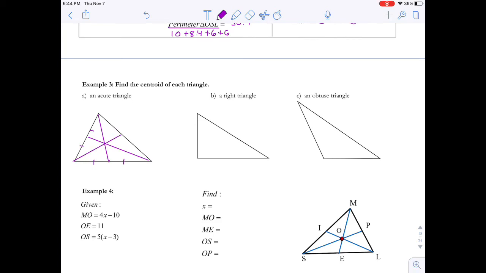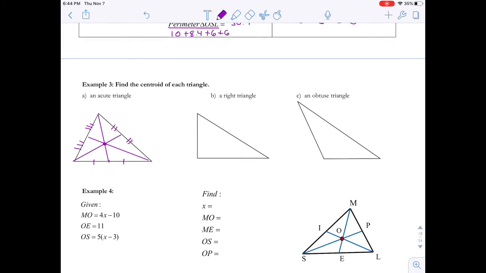There we go. We should find the centroid to land right there in the middle. Sorry about those bad labels there. We should have equal tick marks for those. So these two sides are the same, these two and these two.